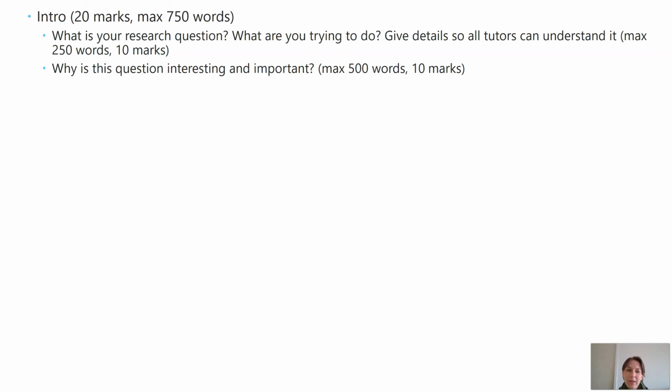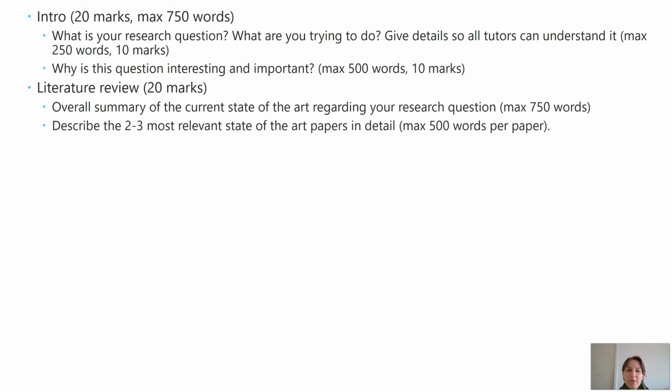You also need to explain why this question is interesting and important, and that might refer to some of the literature. But do keep in mind that there's going to be a section that's quite substantial about a literature review, where you give an overall summary of the state of the art regarding your research question, and you boil it down to focus on 2 or 3 most relevant papers that motivate your particular research question.